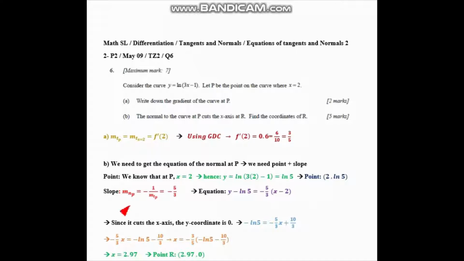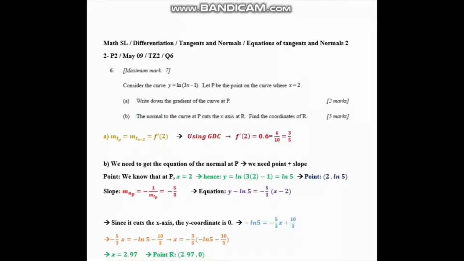So -1 over the slope of the tangent. Since the slope of the tangent was positive, my slope of normal shall be negative, and I flip the numerator and the denominator. Now that I have the slope, which is -5/3, I need to substitute the values into the point slope formula. So y minus ln 5 equals -5/3, which is the normal slope, times x minus 2. Hence, this is the equation of the normal.